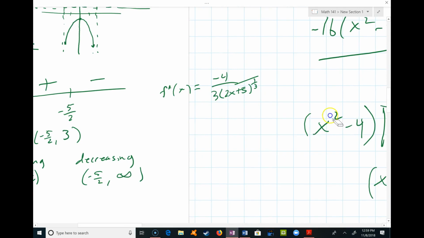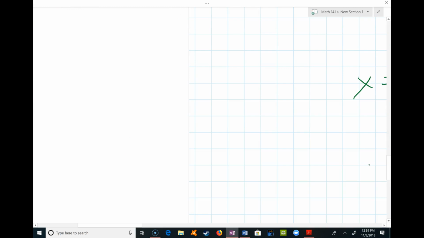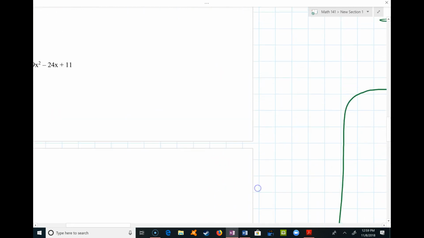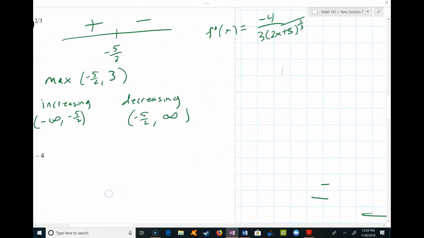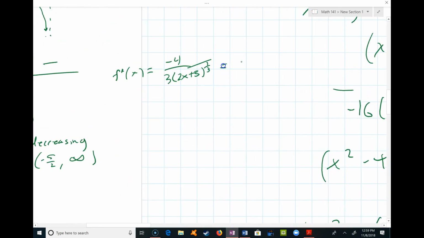Of course, that's the same thing as negative 4/3 times (2x plus 5) to the negative 1/3 power.